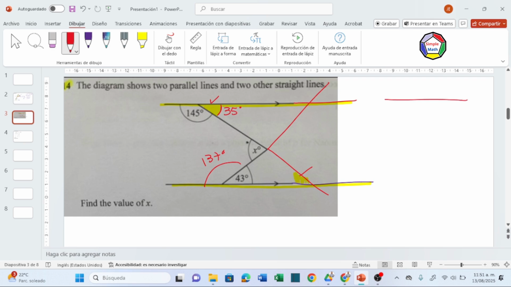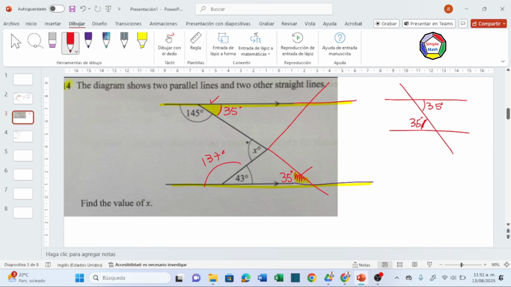So imagine this picture. We have two lines. This is 35 degrees. Look, you can see it in a better way. And this is the other part that I'm drawing. It means this one must also be 35 degrees. Why? Because they are alternate interior. So I can say that this one is 35 degrees.